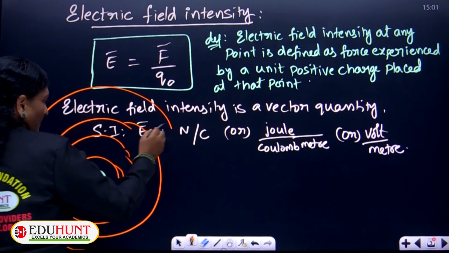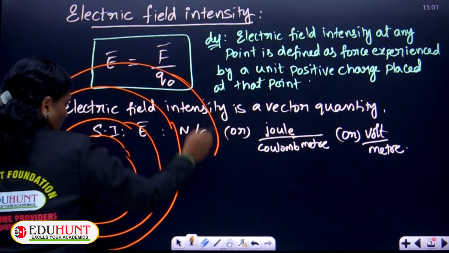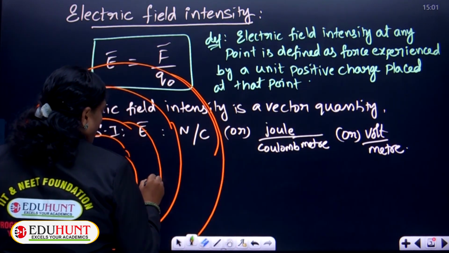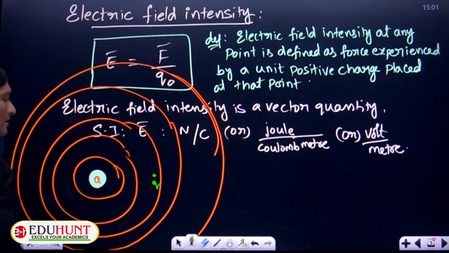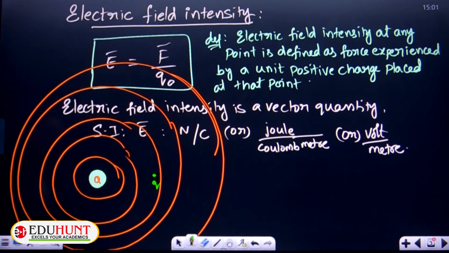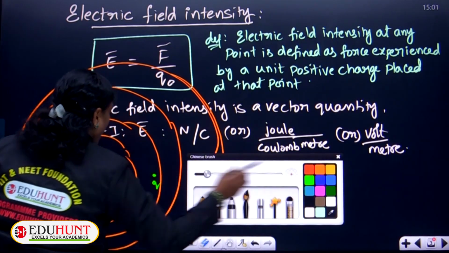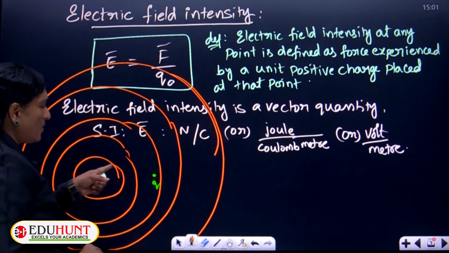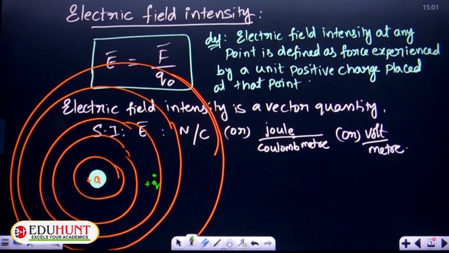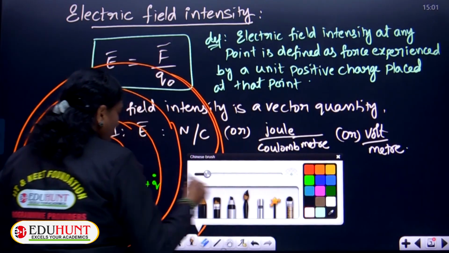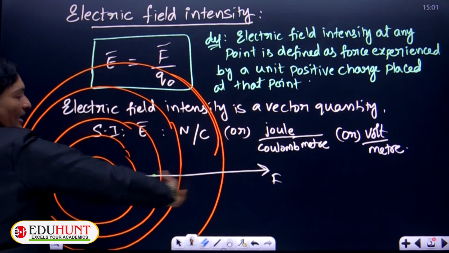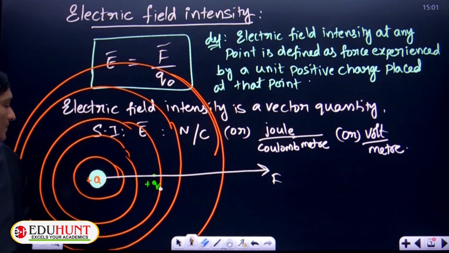Let us suppose that a small positive charge q is kept in the electric field generated by Q. If Q is a positive charge and the test charge, the small unit positive charge, is also plus q, then since both are the same charges, like charges repel each other and the direction of the force will be away from the test charge q naught.